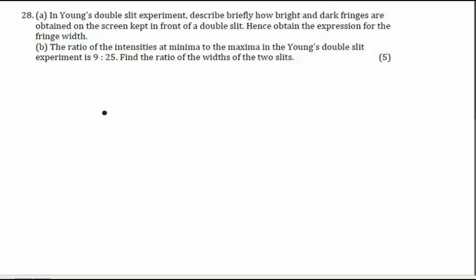For example, we already know that there are two slits at a distance of d from each other, and the screen is at a distance capital D from the two slits. Now, in the interference of waves we can talk about either the phase difference or the path difference.